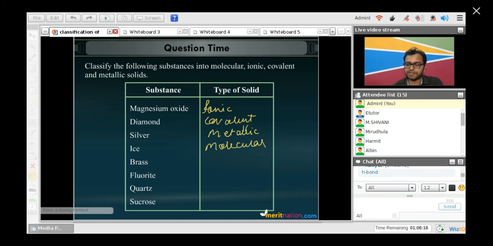What about brass? Brass is an alloy, but it contains only metallic bonds inside it, right? So that's why it will be a metallic solid, right? What about fluorite? Fluorite is CaF2. So fluorite is what kind of solid? It is ionic, right?